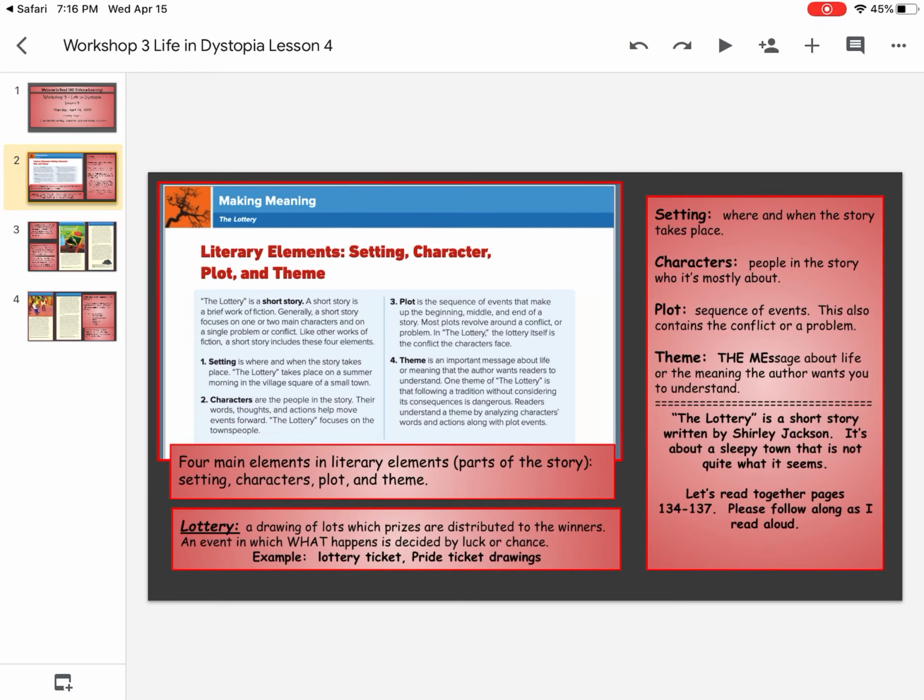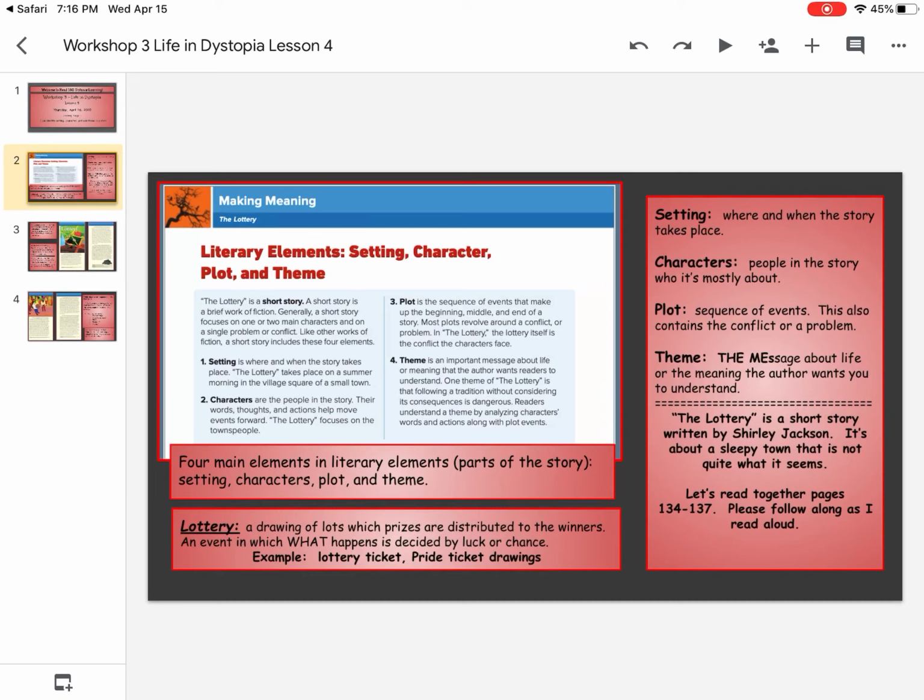Now, if you look at the number 4, theme is the important message about life or the meaning that the author wants you to understand. Some stories will have more than one theme. One of the themes in the lottery is that following a tradition without considering the consequences can be dangerous.